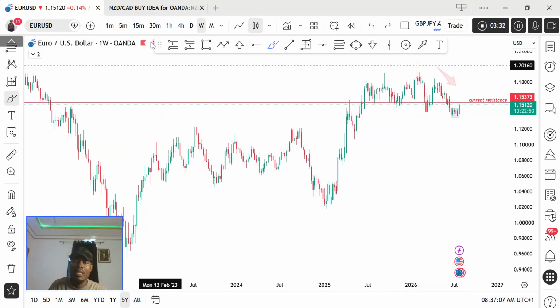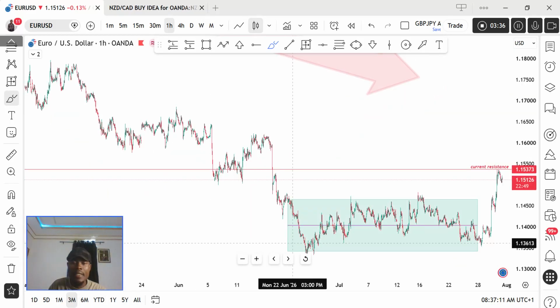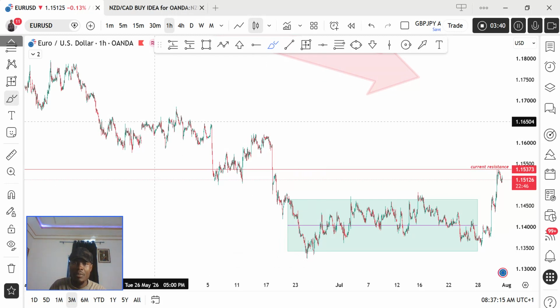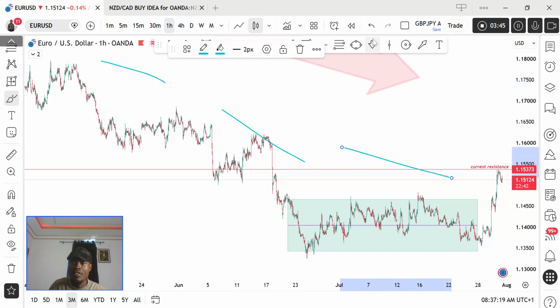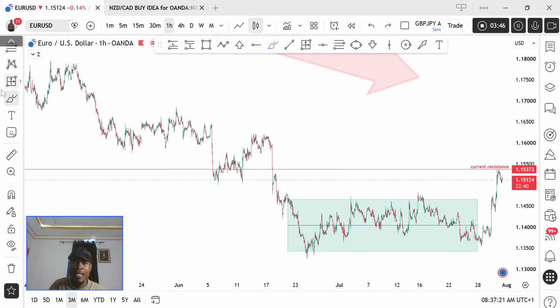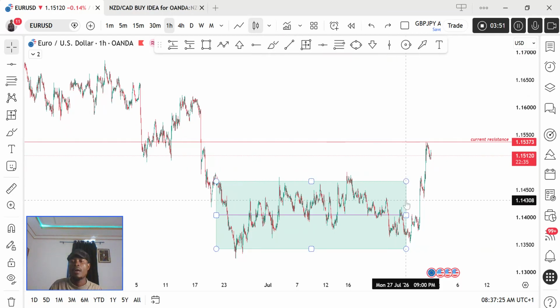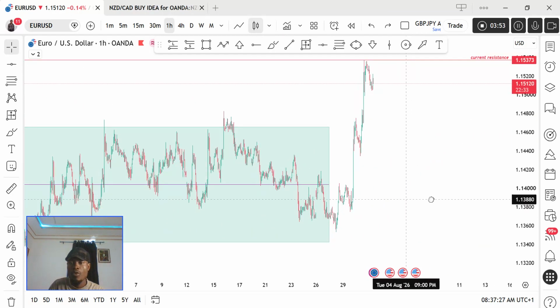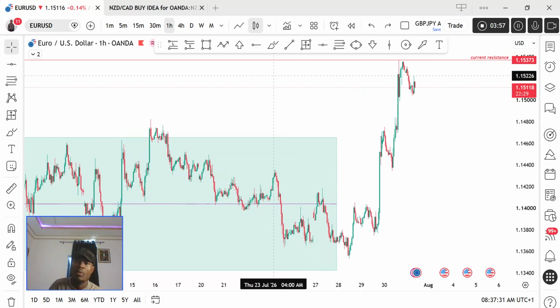For the trading time frame, I would like us to look at the 1 hour time frame. So here is the 1 hour time frame. As I said earlier, price is just bearish. We can see that clearly from this area here. Now, in the past few hours, we've been seeing a strong buy momentum.